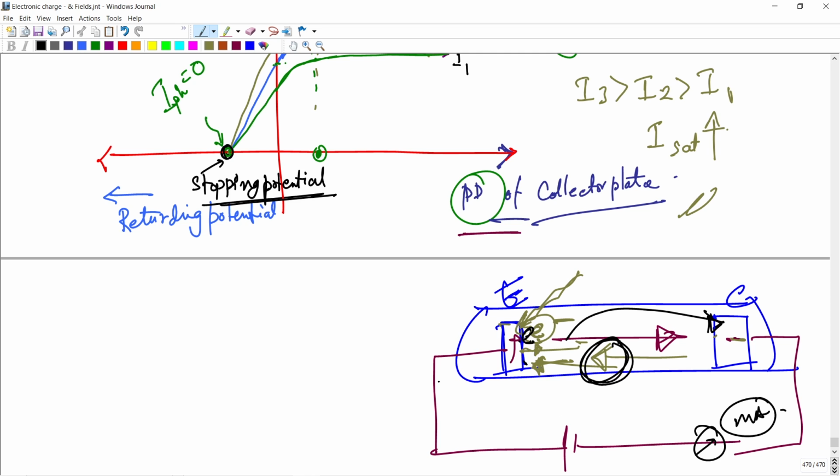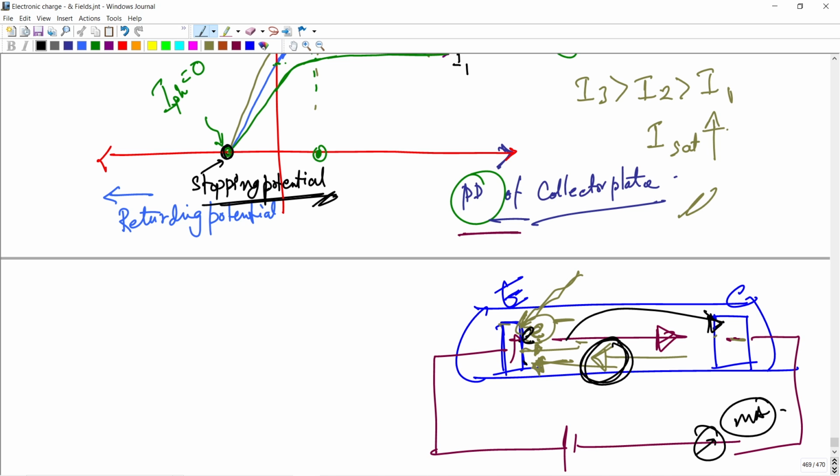Only one electron, whose kinetic energy is maximum, reaches the collector plate and we get some current. That's the final electron. After the stopping potential, the photocurrent is 0.